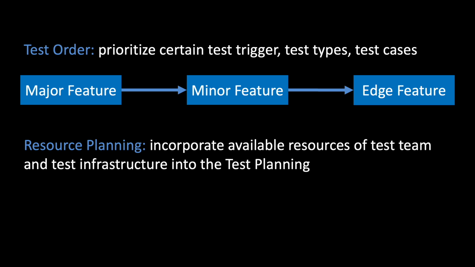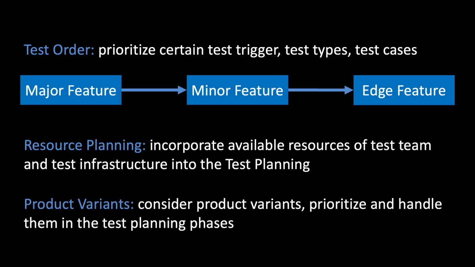At the same time, it could be that there is also no capacity at the test infrastructure. And those resource limitations, if possible, should be taken into account during the test planning process so that maybe the amount of test cases or the timeline is adapted.